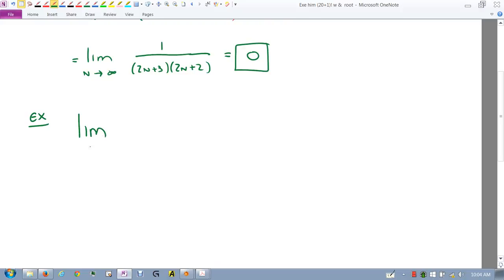Limit as n goes to infinity of n factorial over n raised to the n.